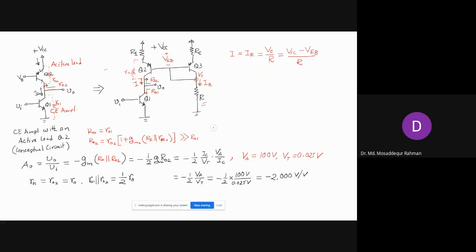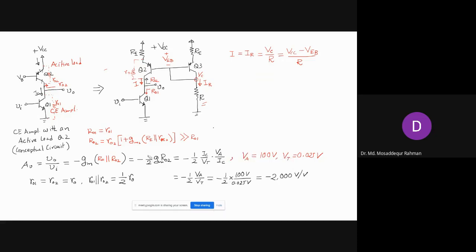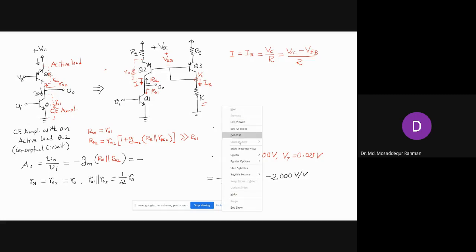There's one thing we need to change here: we will not have this half. So that will be minus gm R02. Is that clear, guys?